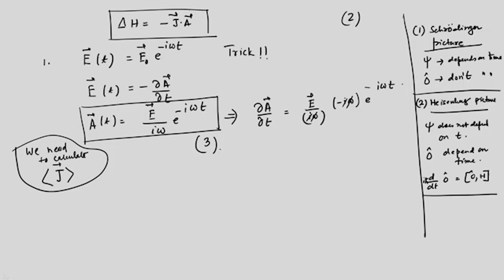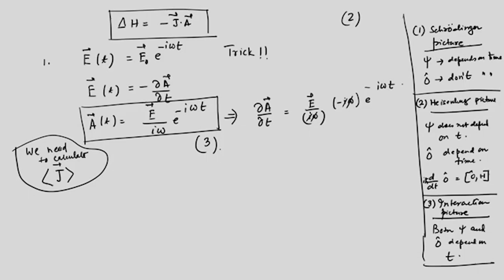In fact, for all the many particle systems, the Green's function and all the perturbation theory that we talk about are developed in the interaction picture, where both psi and O depend on time. Okay. So, in a nutshell, these are the different pictures of quantum mechanics that one deals with.